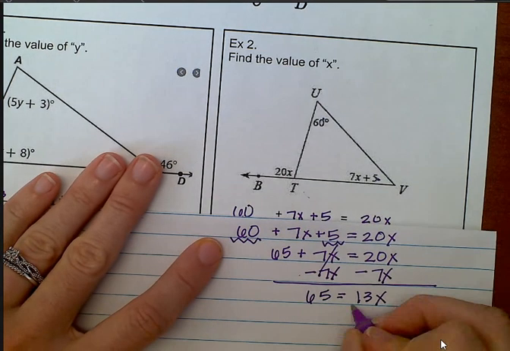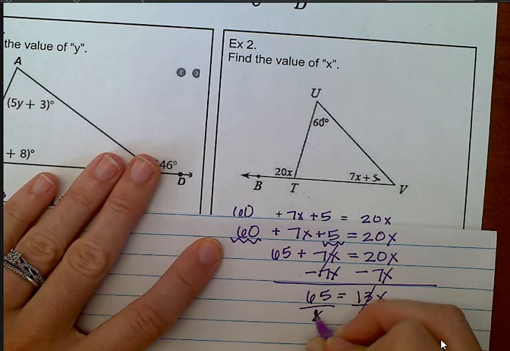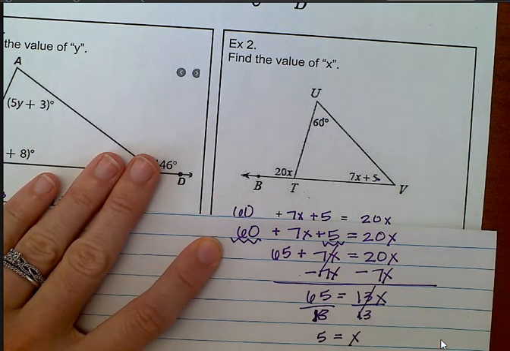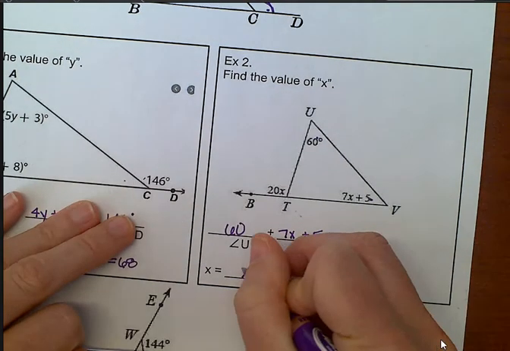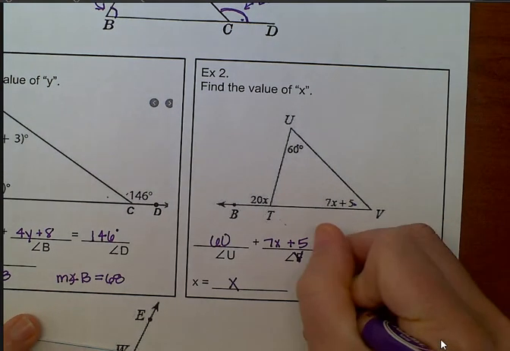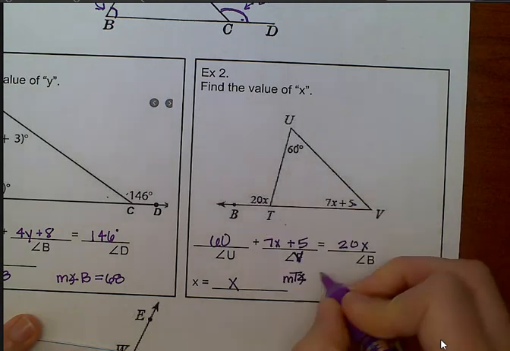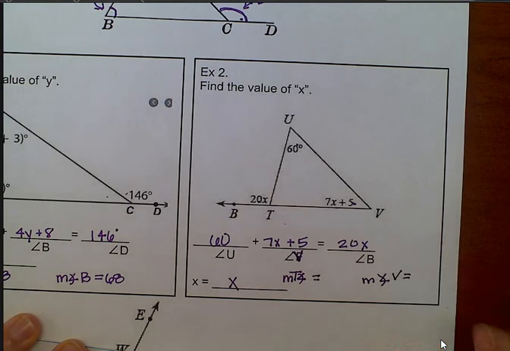Now we'll divide by 13 on both sides. And 5 is equal to x, or x equals 5. Once again, in the notes, I didn't ask you to solve for any missing angles, but I'm going to go ahead and ask you to solve for the measure of angle T, which is this exterior angle, and the measure of angle V, and write those in.